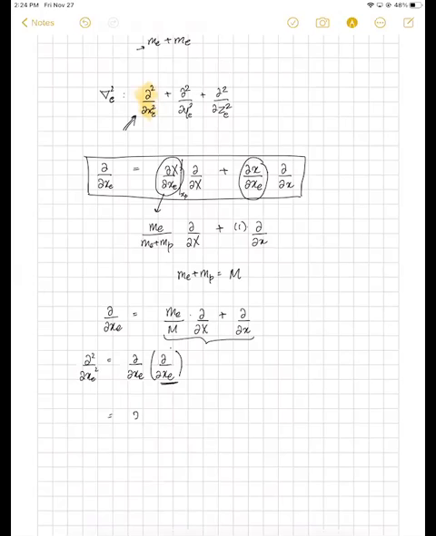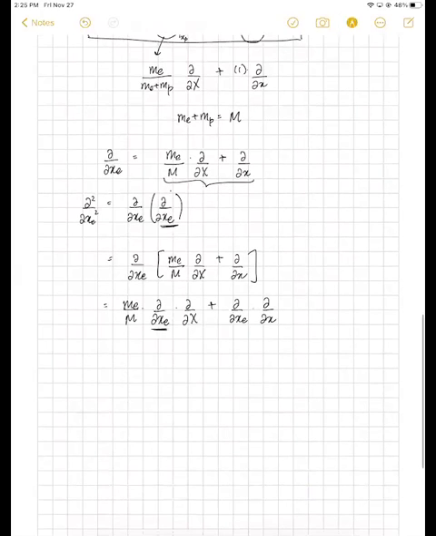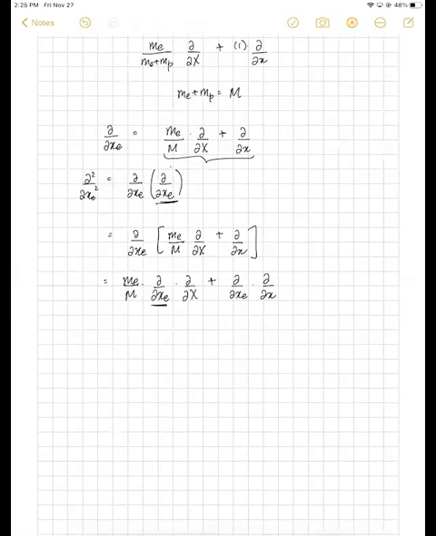We can substitute that and we get me by M. Okay. This part is again the same thing that we had here, which we've already solved for.